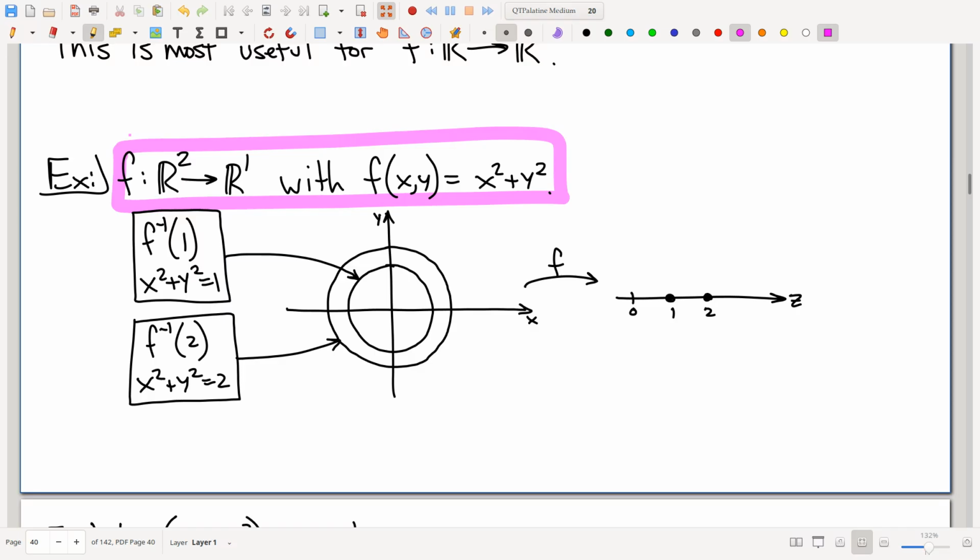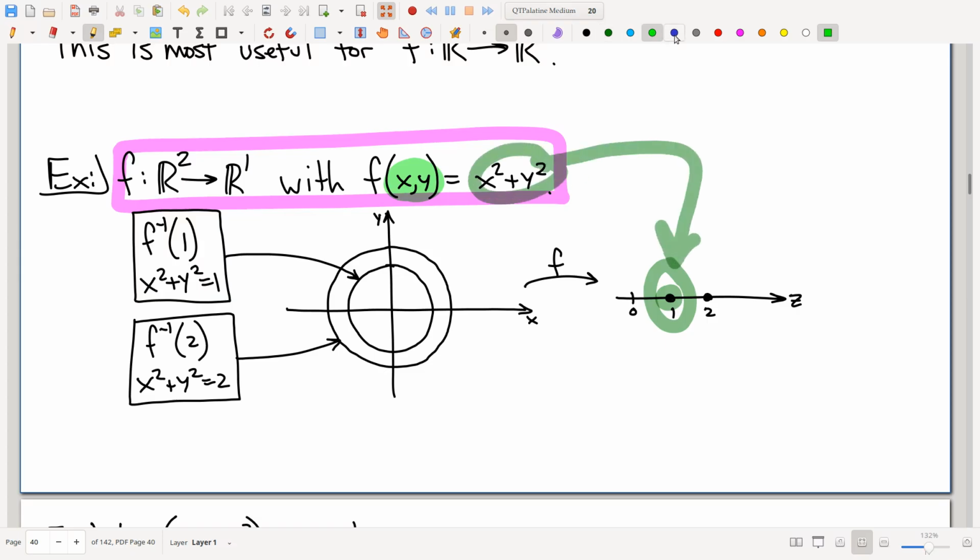And I can start asking questions like, okay, for this output value 1, what are the corresponding inputs? What are the points in the xy plane that when I plug into that function, spit out the value 1? So what points can I put in that'll make the output equal to 1?